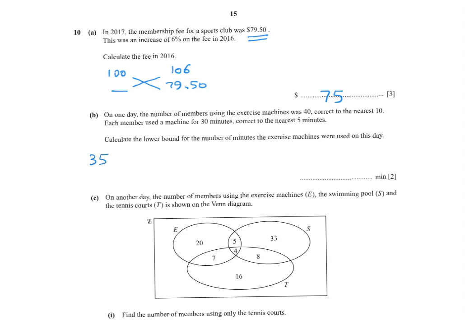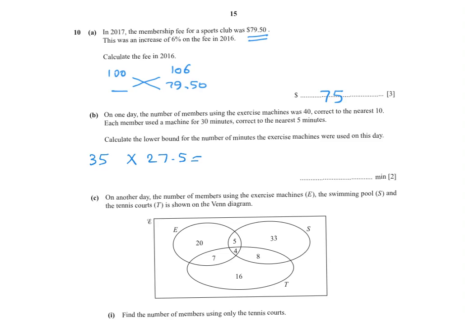The same for the lower bound of the time for each machine, 30 minutes to the nearest 5. So 5 divided by 2 is 2.5. If you need a lower bound, just subtract, so 27.5. So you must multiply 35 times 27.5.